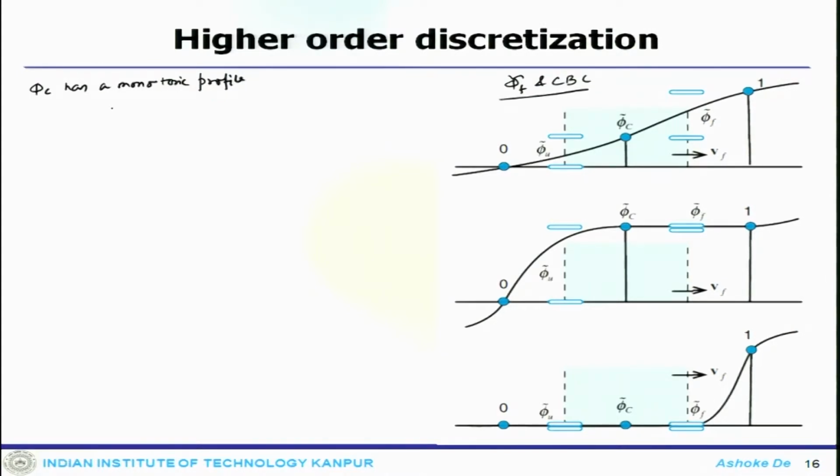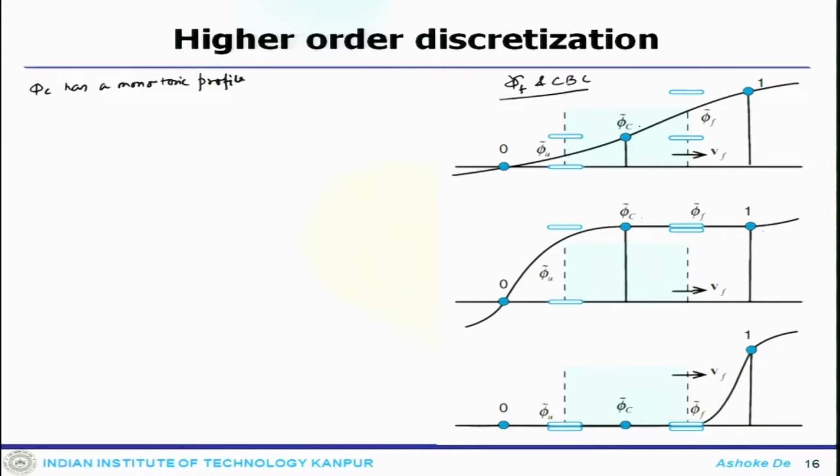And when phi c tilde or phi c becomes equal to phi d, phi f also becomes phi d, which shows this case where it goes close to phi d, that means the constant value here, the flat line. This is a monotone profile, that means there is no extremum at C.